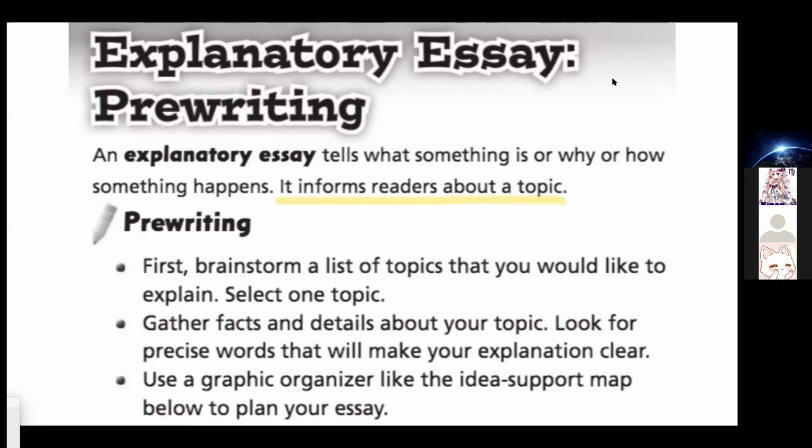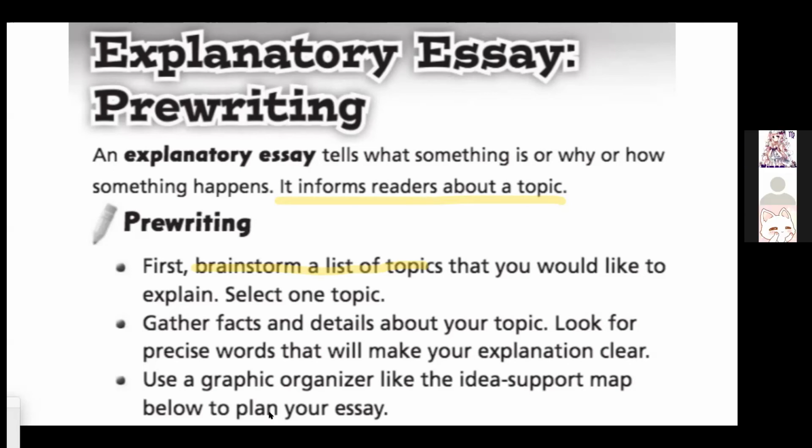So what do we do first in our pre-writing? We brainstorm a list of topics that you would like to explain. So first, we're going to brainstorm a list of topics and then you select one topic. What do we do next?